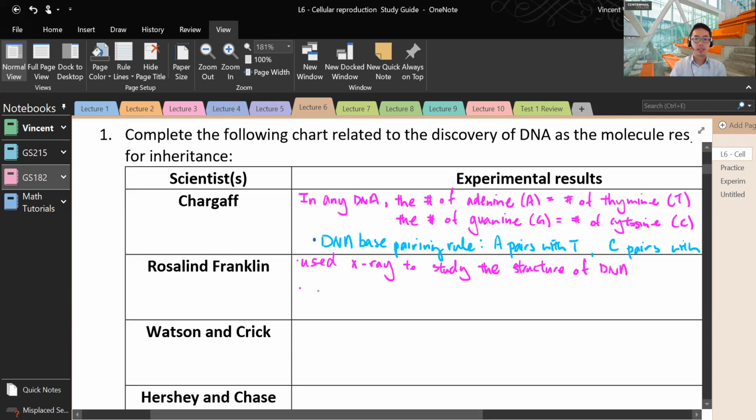Right. Her data suggests DNA is a double helix.